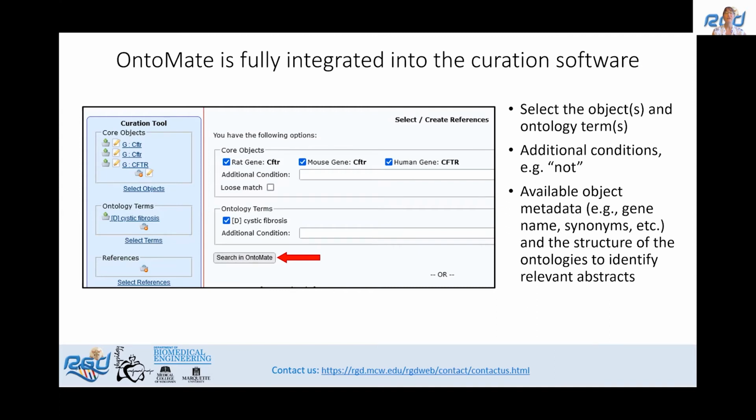And then the ontology term in this case is cystic fibrosis, and that's put into the bucket. And then there's the ability to search in Ontomate to be able to use the available object metadata, such as the gene name, any synonyms, the symbols, etc. And then also the structure of the ontologies that were selected to be able to identify relevant abstracts from PubMed.